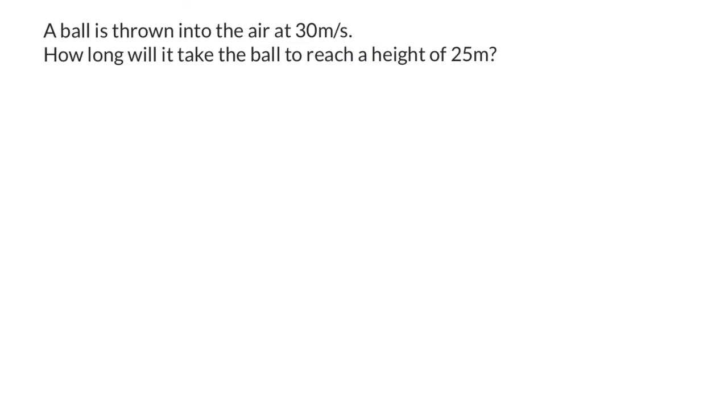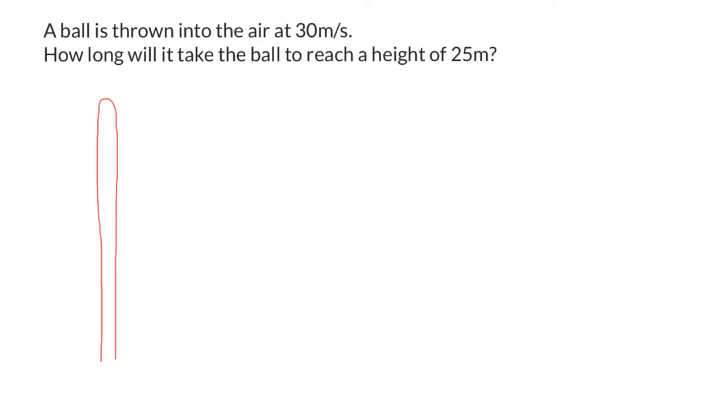So the idea that we have here is that we've got this object that's being thrown up. It comes up to the top, reaches a velocity of 0, and then it comes back down over here like this.